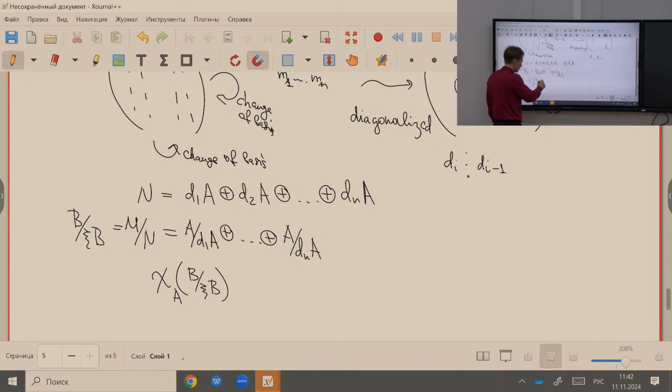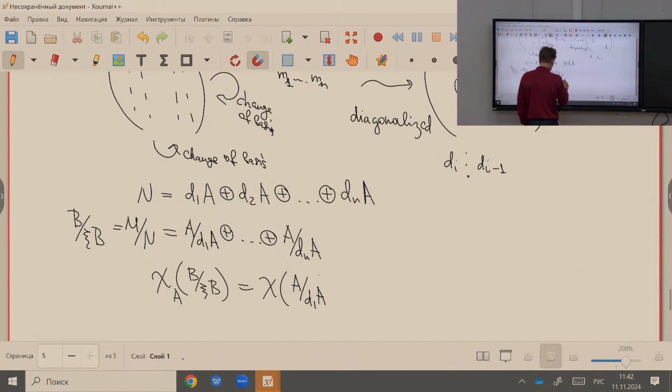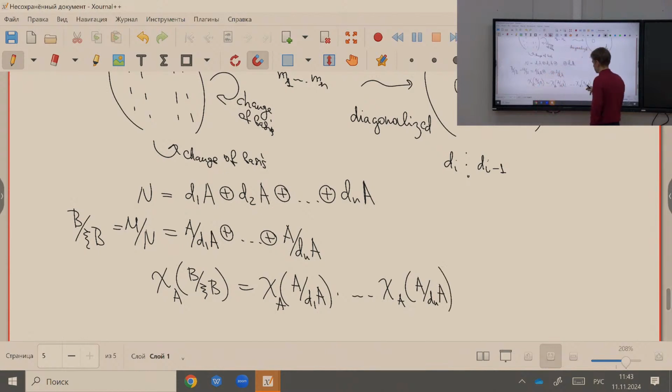It is a product of the corresponding chi's. And this is precisely the product of the corresponding D1 as the ideals. Yeah? Yes.